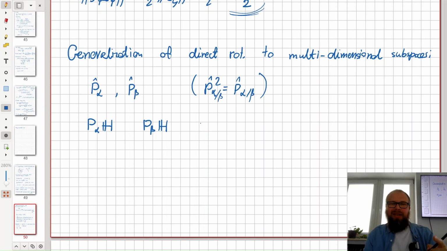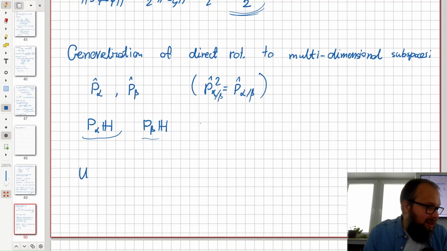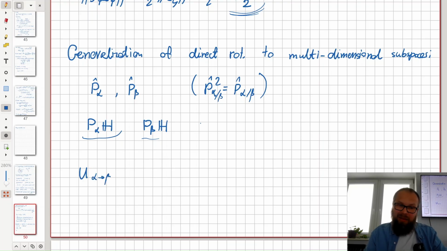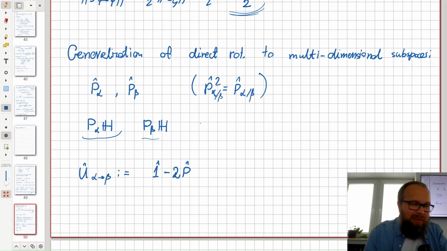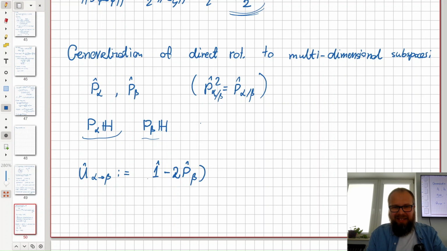The direct rotation between the alpha subspace and the beta subspace, U alpha to beta, would be a reflection operator: twice P beta minus 1, times 1 minus twice P alpha, under a square root.